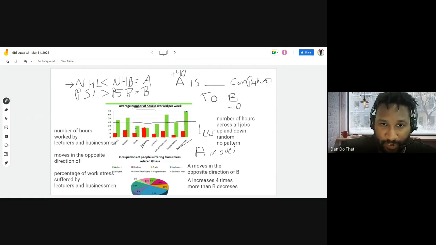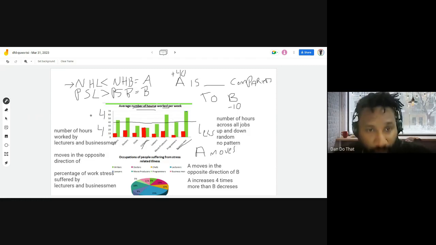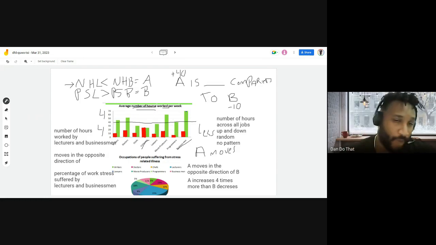So in this case, there are 1, 2, 3, 4 low jobs and 1, 2, 3, 4 high jobs. There's an interesting trend. You could say about half of the jobs have a 40-hour work week or less, and the other half all have more than 40.